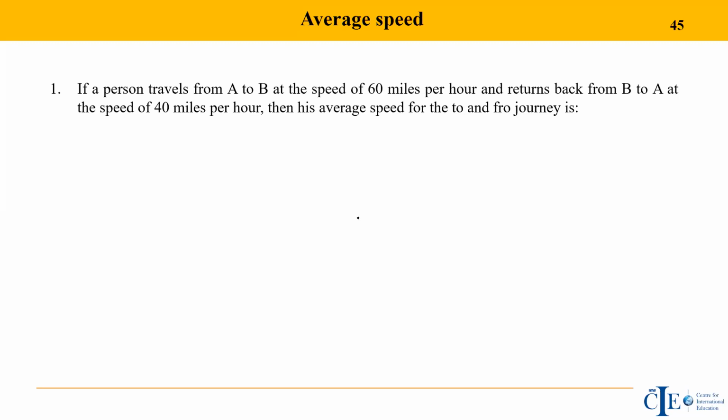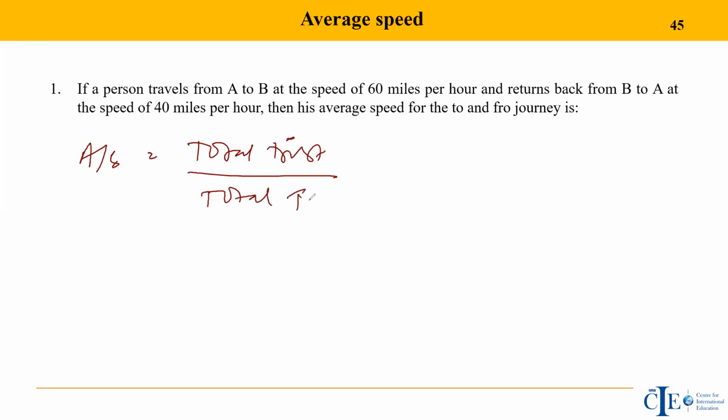Okay. So what is the formula that I'll use here? 50 would be the answer if you are taking it as an arithmetic mean, right? So when you talk of the average speed, the basic formula is total distance divided by total time. Now this is the universal formula which will work for every possible question.